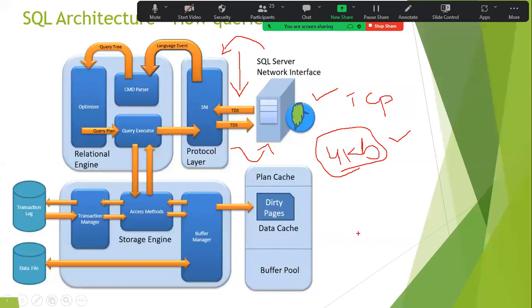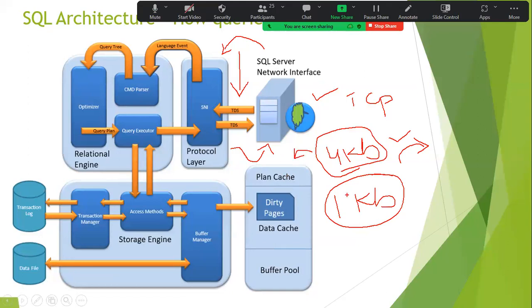Let's say you're executing some small query, the query is completed, and the result set fits into this 4 KB. For example, the query completed, the result set is 1 KB, and the commit happened. Then the packet will be sent to the destination or source. So there are two cases when a network packet is sent.